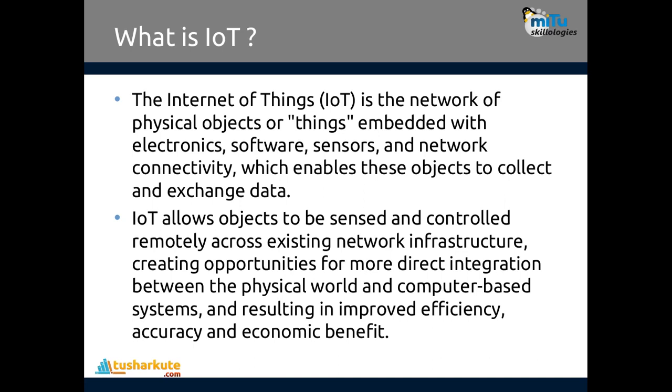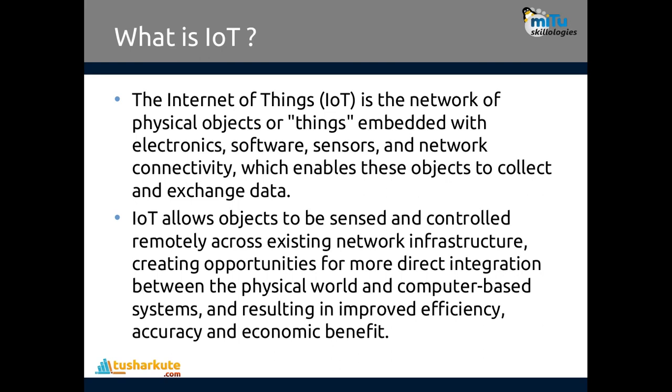First of all, what do you mean by IoT? Internet of Things is a network of physical objects or things embedded with electronics, software, sensors, and network connectivity, which enables these objects to collect and exchange data. A perfect definition, where the embedding of all these things, electronics, software, sensors, network connectivity, these are the things we connect with the help of the internet.